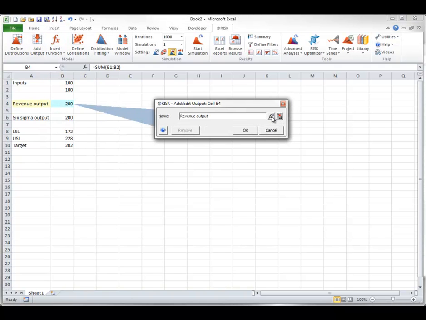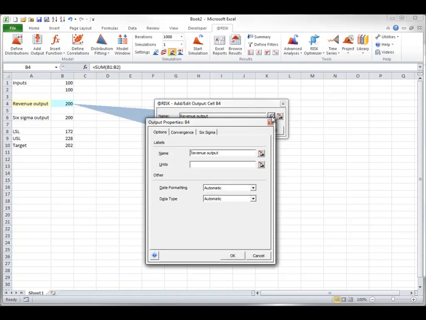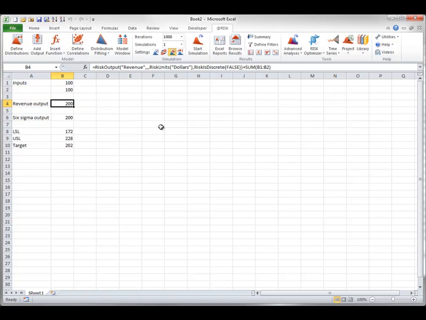if you click the FX button, you see this dialog. If you fill it in as shown, Revenue, Dollars, and I'll specify continuous, you see how RiskOutput has been changed.